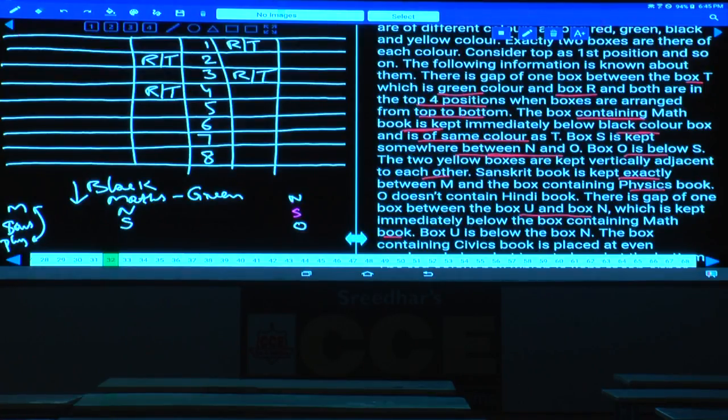Then there is a gap of 1 between U and N, so U will be here. If U is here, then O will be somewhere here, isn't it? As of now, we got the order or not? Now, black, maths, N, S, U, O.